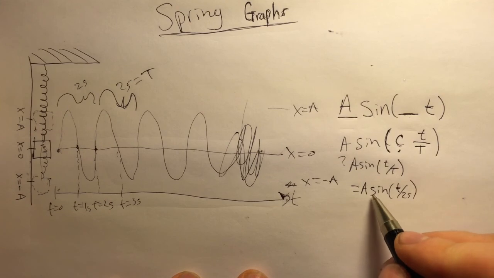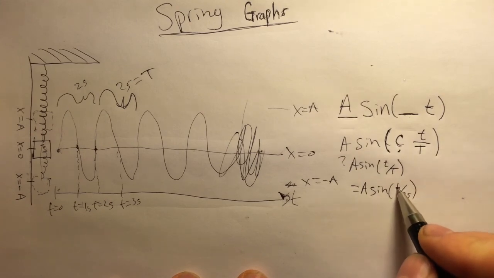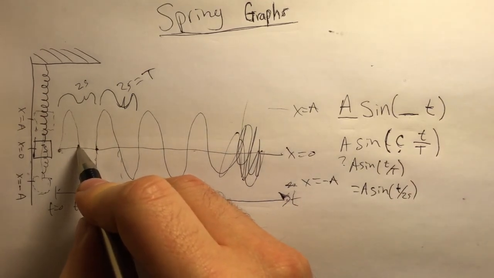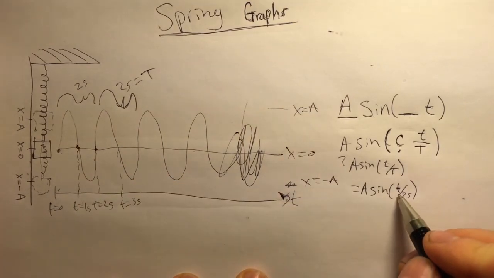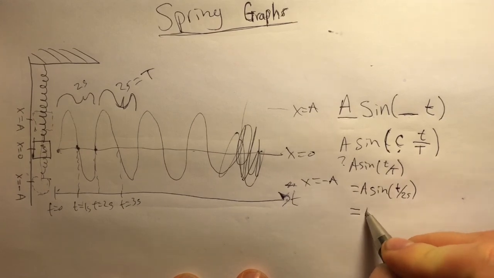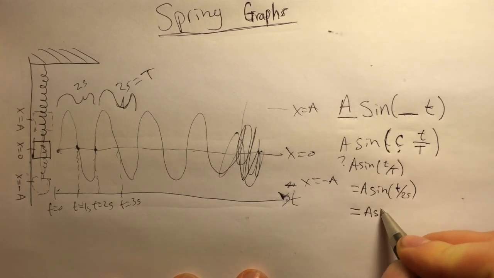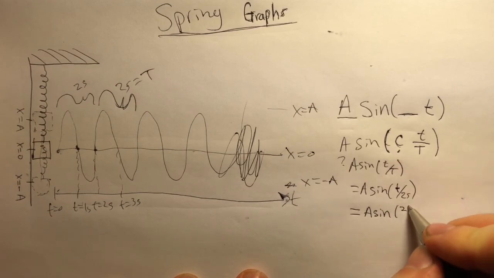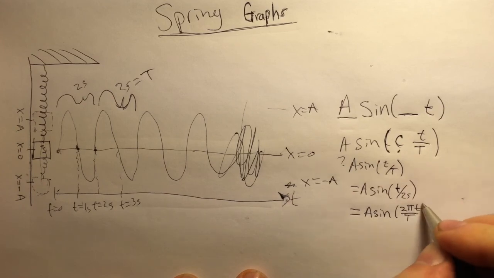So basically what we need is for when t equals 1 second, we actually need this whole thing to be equal to pi, because that's the first time it goes to 0. And so how do we get this whole thing equal to pi when t equals 1 second? Well, we can do that if this is equal to a times sine of 2 pi t over the period.